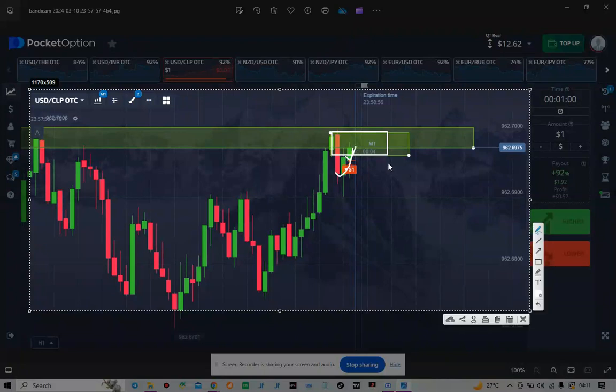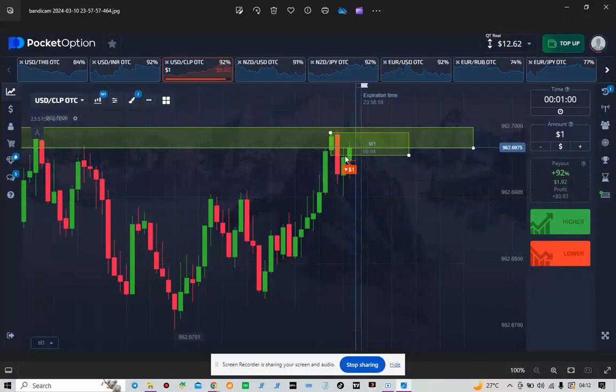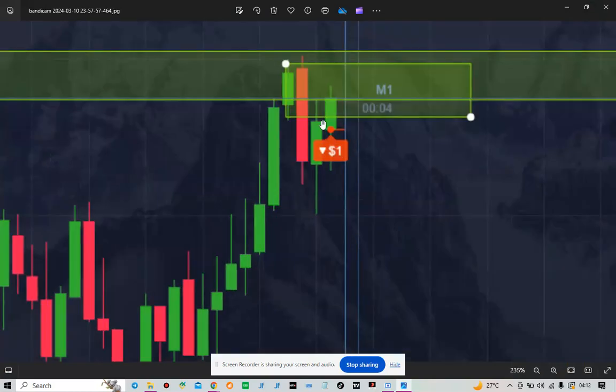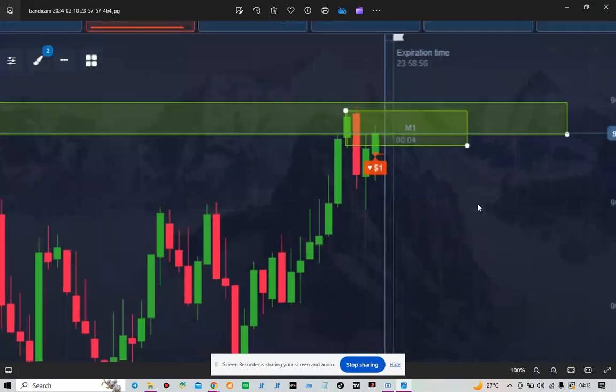If there wasn't a gap down, I think after the price touched the zone, sellers should enter on the next candle. But there was a gap down, and buyers entered again on the next candle. You can see a very small gap down. The moment the price gaps down, buyers enter the trade.